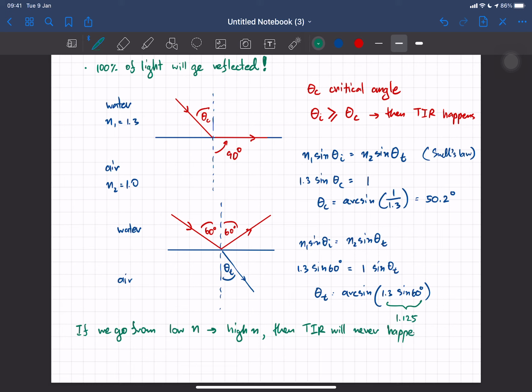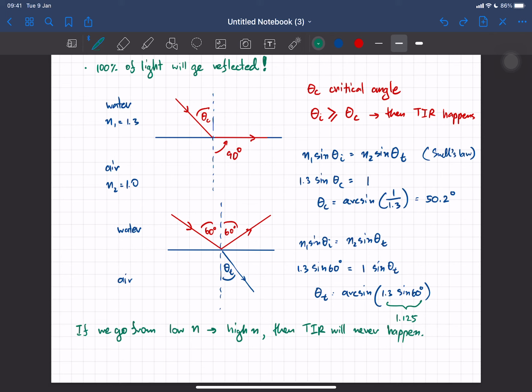So total internal reflection only happens when you go from high index to low index, like from water to air. If you go from air to water, then no matter what you do, the refracted angle will never be greater than 90 degrees. Okay.